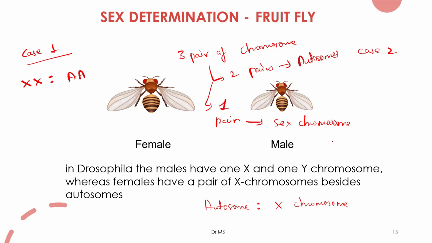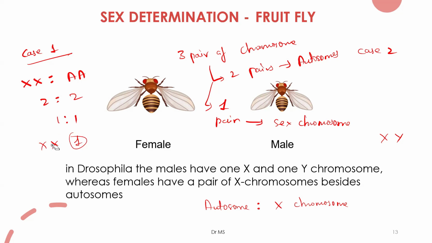The sex chromosome could be XX or XY. Depending on the number of X chromosomes present, the ratio varies. For example, the ratio between sex chromosome and autosome is 2 to 2, which is 1 to 1, which is nothing but 1.